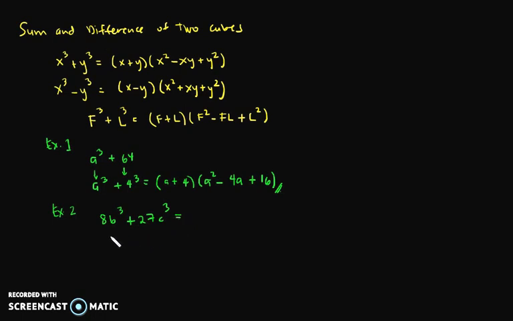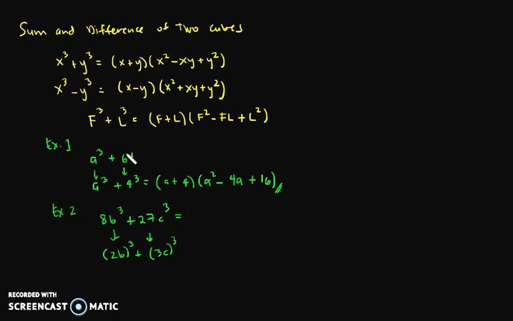First, I'm going to make the given expression in the form of this expression. That would be 2b cubed, in parentheses, again don't forget the parentheses, plus 27, that would be 3c cubed.